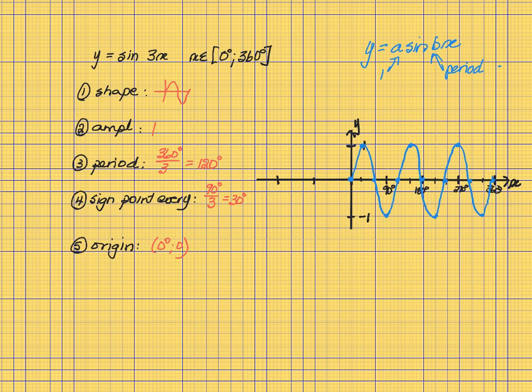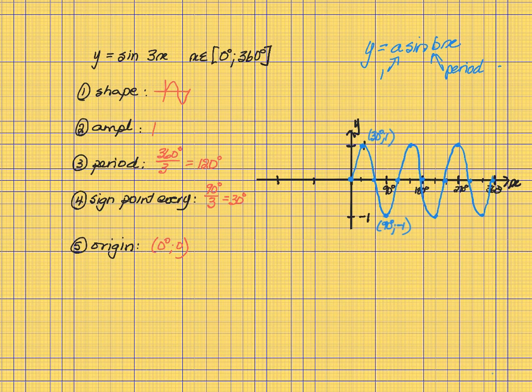The last thing that you have to do is fill in the coordinates of the turning points. So there are lots of turning points, as long as you fill in the coordinates for an entire wave. So this would be the first one. So it's at 30 degrees and 1. And then here is the next turning point, which is at 90 degrees and -1.